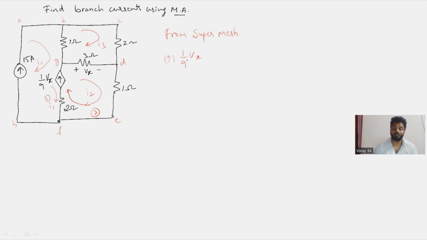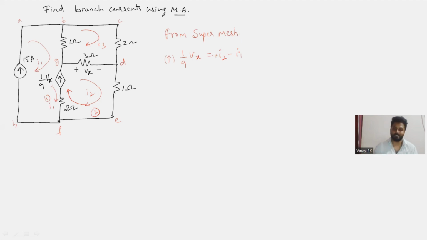So the direction of current that flows in loop 2, that is I2, is the same as the direction of the current of 1 by 9 Vx. So I can write here 1 by 9 Vx equals I2 plus I2, because I2 has the same direction as that of the super mesh current, minus I1, because I1 is flowing opposite to the direction of the super mesh, and this super mesh is in between I1 and I2.